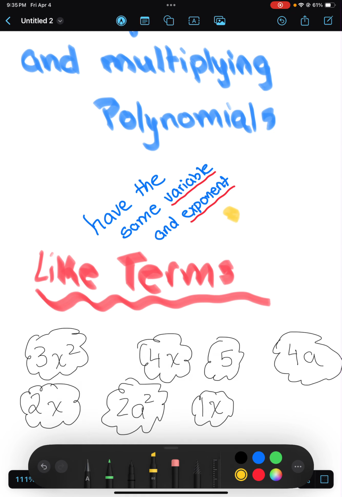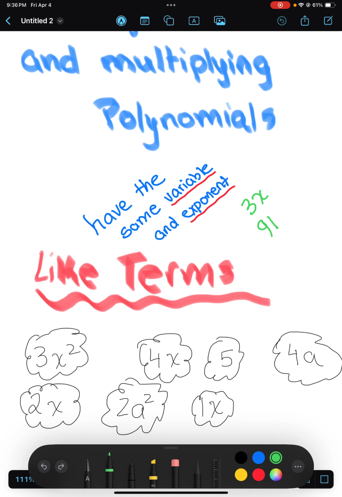So if I have 3x and I have 9b, I cannot combine these two because my variables are different. I have x and I have b. They're not the same variable. Okay?